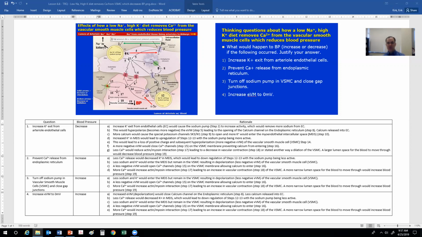And then you would have more of this potassium here, which would upregulate the sodium pump, causing potassium to enter, but more sodium to leave in the intercellular space. As a result, with the loss of the sodium and the recycling of potassium, that's going to cause the hyperpolarization of the vascular smooth muscle cell.